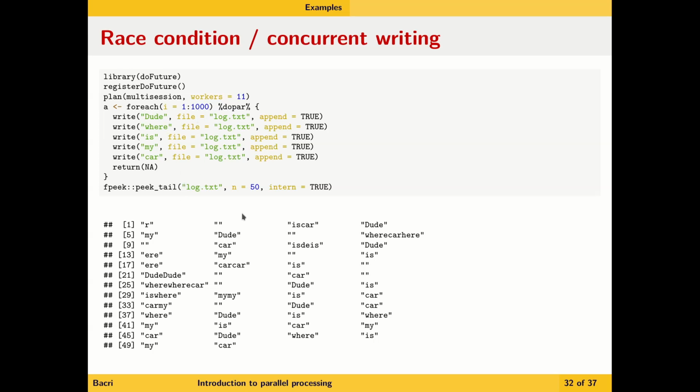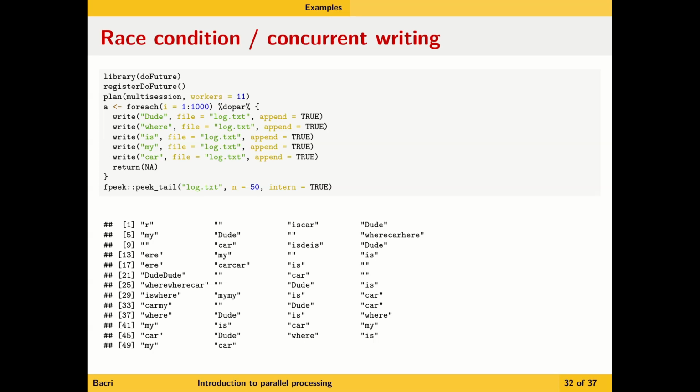Then I look at the last 50 lines and the words are combined and it is not done as I would have wanted. So this would usually happen on non-embarrassingly parallel problems because you need some way to retrieve the results onto a file somewhere. Some results that you cannot retrieve otherwise.